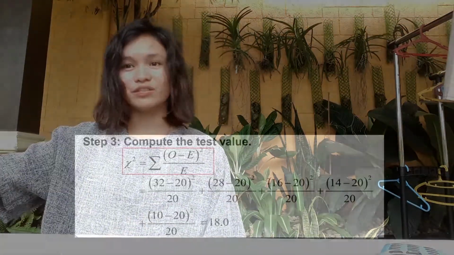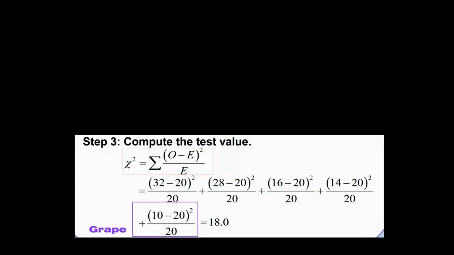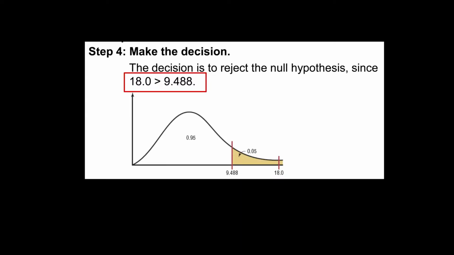So step 3, compute the test value. Step 4, make the decision. The decision is to reject the null hypothesis.